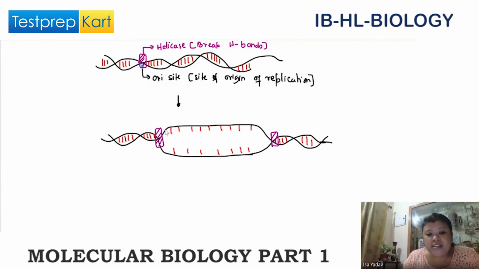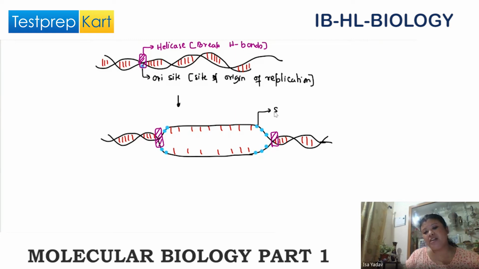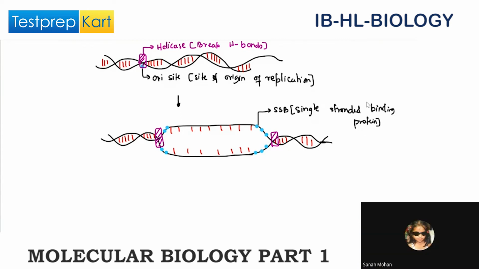There are some proteins that attach on these strands and do not allow the two best friends to come close to each other. We call these SSBs, or single stranded binding proteins. Clear?